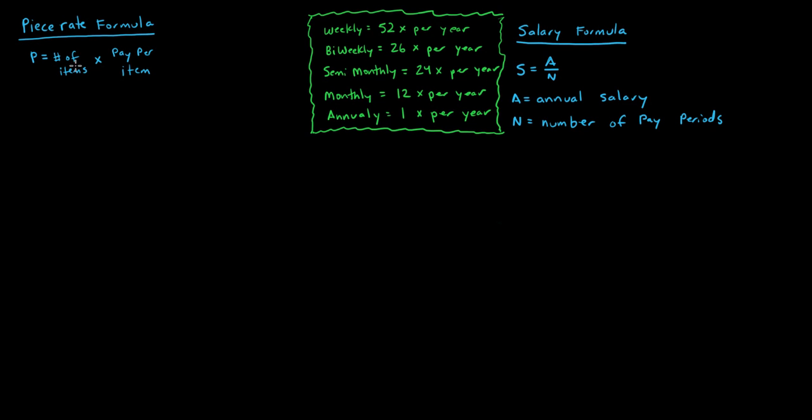So let's take a look at a situation in piece rate. For example, maybe you are a car salesman. So a car salesman gets paid, let's say, $200 for every car that they sell.